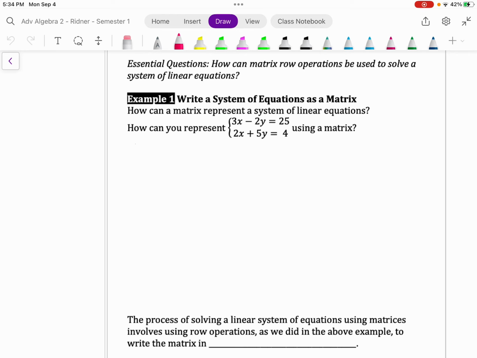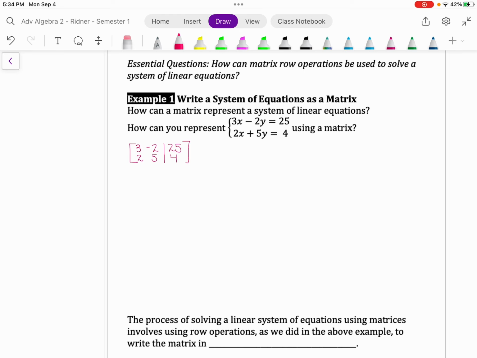So to write this as an augmented matrix, I'm going to take the coefficient of each number. So 3 and then -2 and then 25 for the first row, and then 2, 5, and 4 for the second row. So we call this a 2 by 3 matrix, okay?